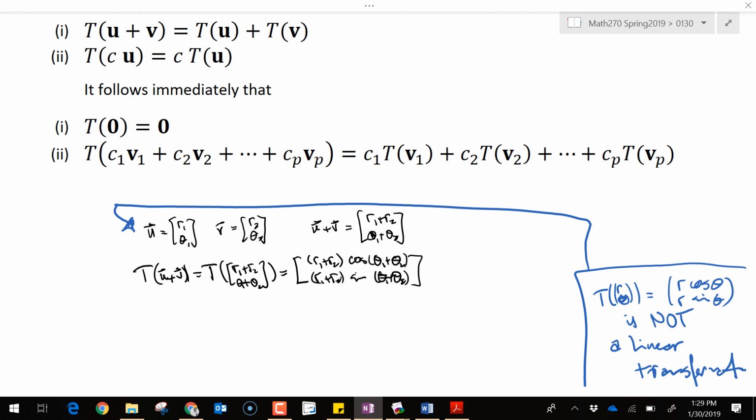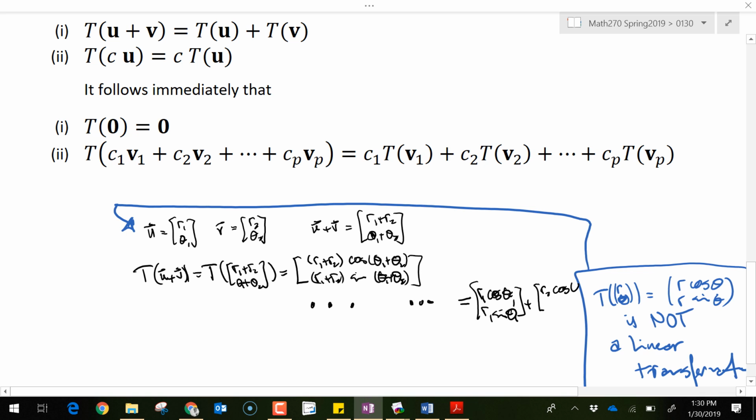Now what I want is to eventually get this to look like r1 cosine theta 1, r1 sine theta 1, plus r2 cosine theta 2, r2 sine theta 2.